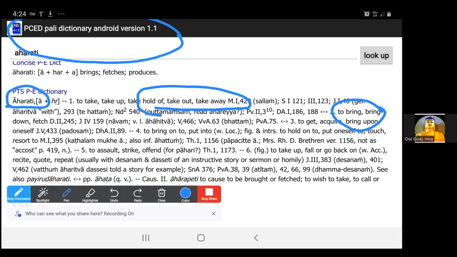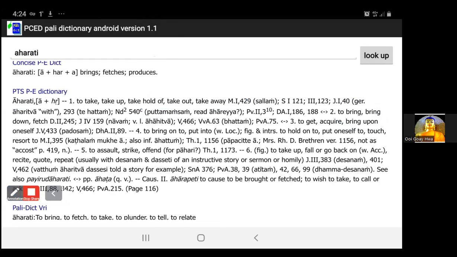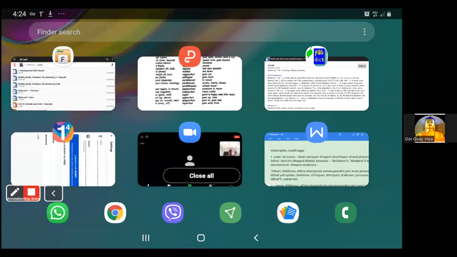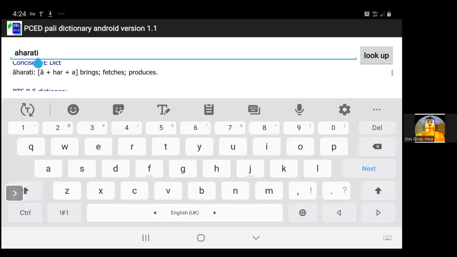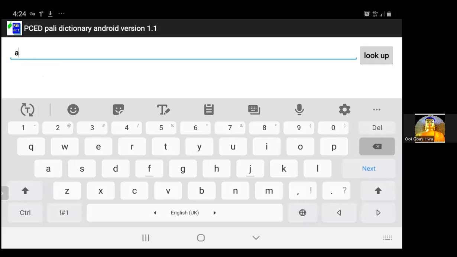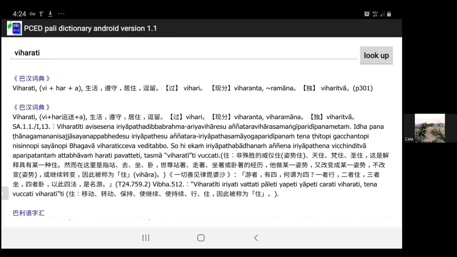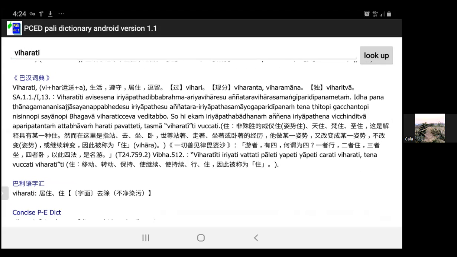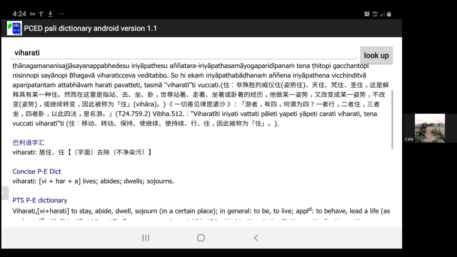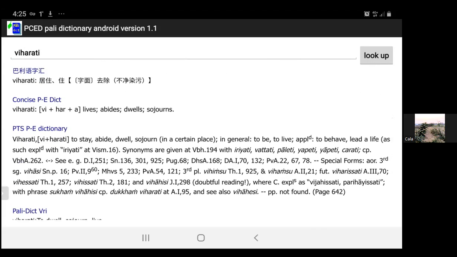Sorry, Saji, another question, please. Yes. The harati, you just now said viharati, we plus harati, that means we is away, then plus harati take. Then how does it become that? Okay, it's a good question. All right, viharati.